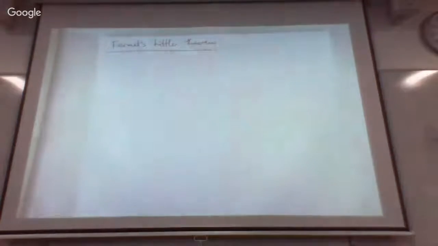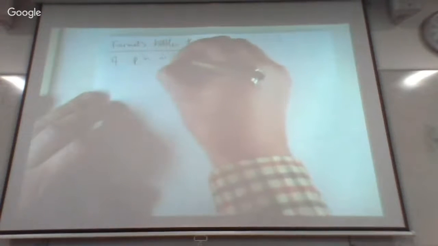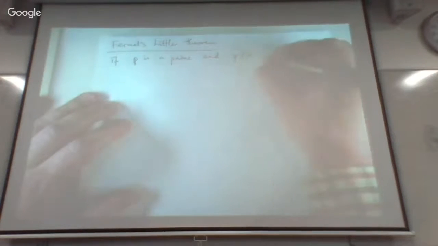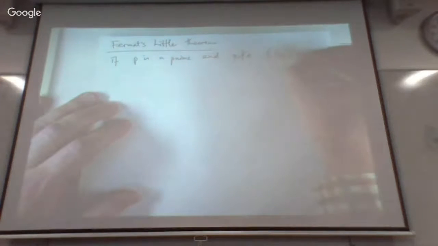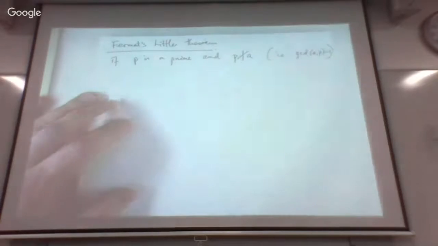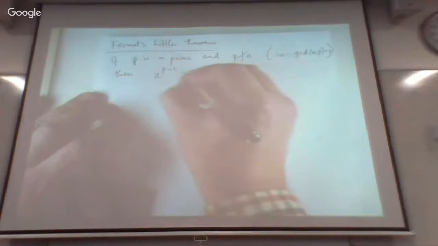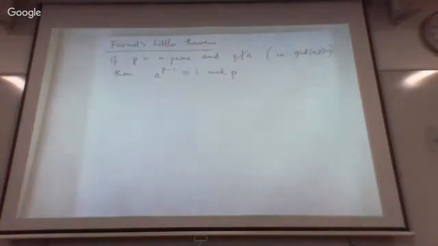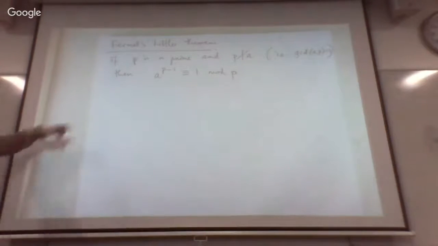Okay, so this is at the end of chapter 5. It's the corollary to Euler's theorem. And this says if P is a prime and P does not divide A, or another way to think about that is the greatest common divisor of A and P is 1, then A to the power P minus 1 is congruent to 1 modulo P. Okay?